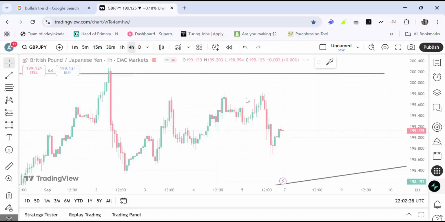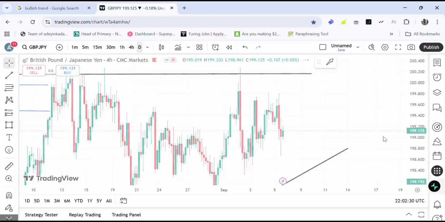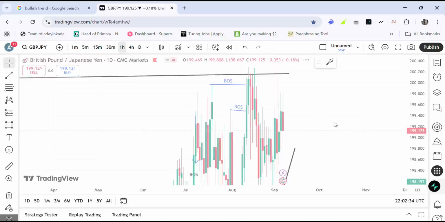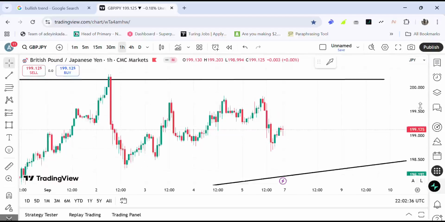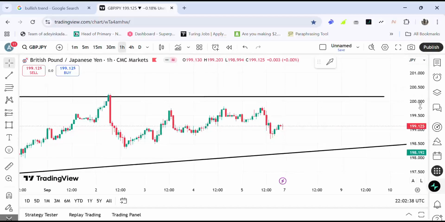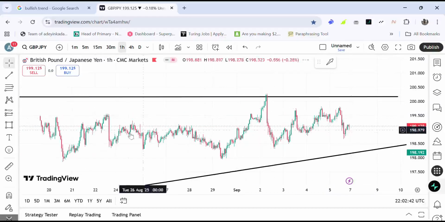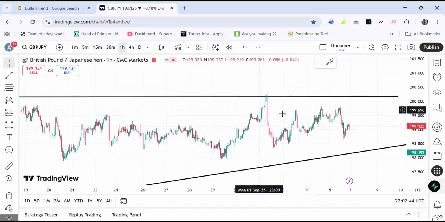So you can see the same things happening here. Trend is a break of structure to the upside and all that.